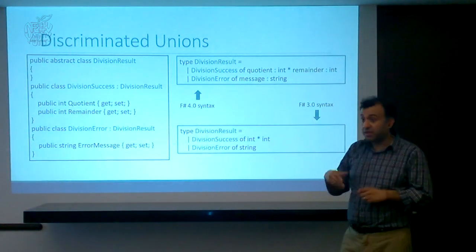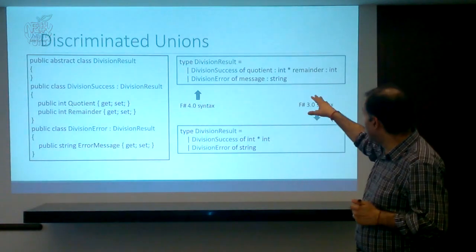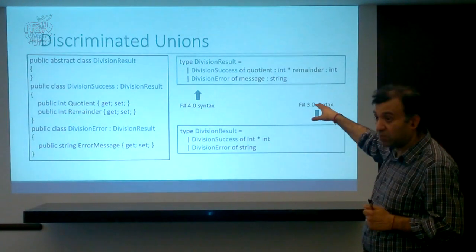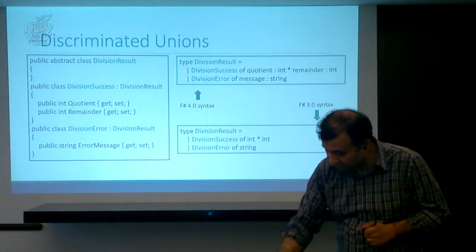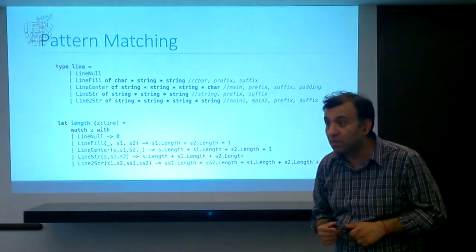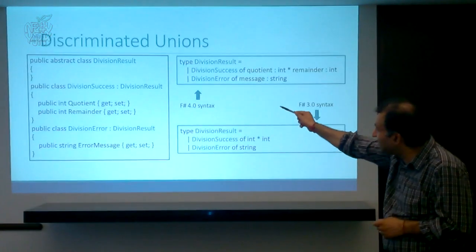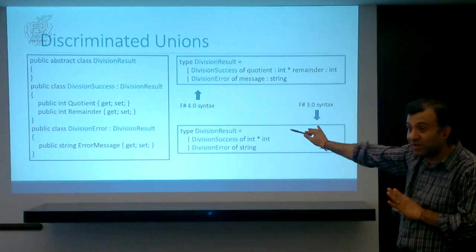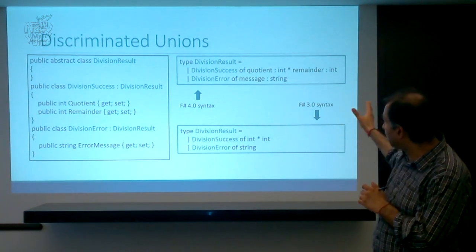It's two records combined into one type. So your division result can have a value of either one of the records. And once you have it, you actually can pattern match, which is the next slide. But then this is an inheritance structure. Yeah, there you go. You look at the C# code, that's actually pretty much what it is. So that's why I had the C# code, so it sort of gives you a context of what it is.